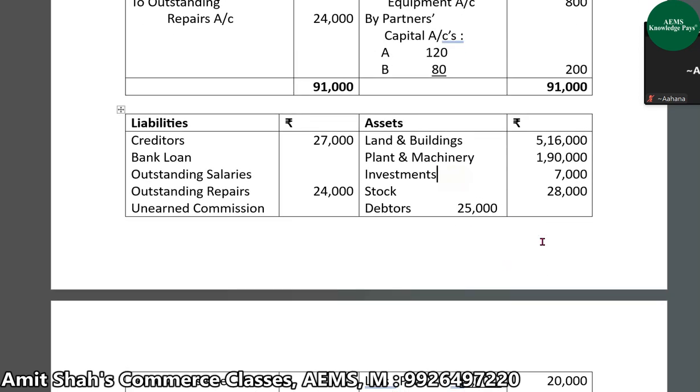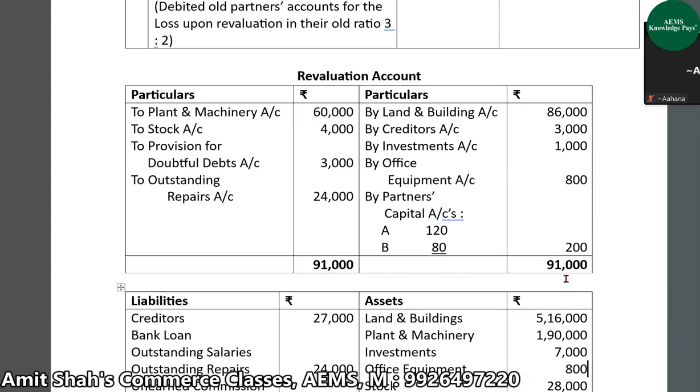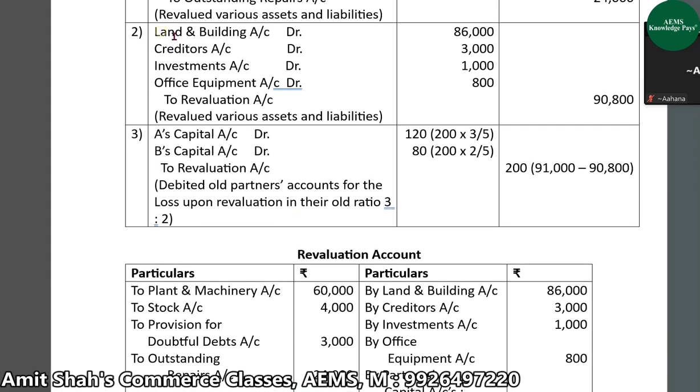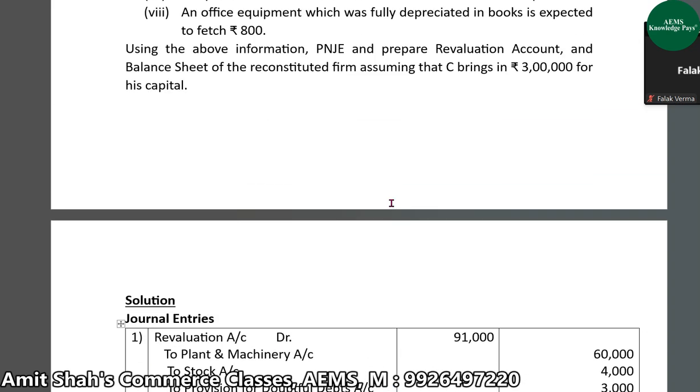So here we have one more asset, that is office equipment of rupees 800. So these four items also we have incorporated in our balance sheet, right? Right, guys, I'm asking you all. Yes, sir.